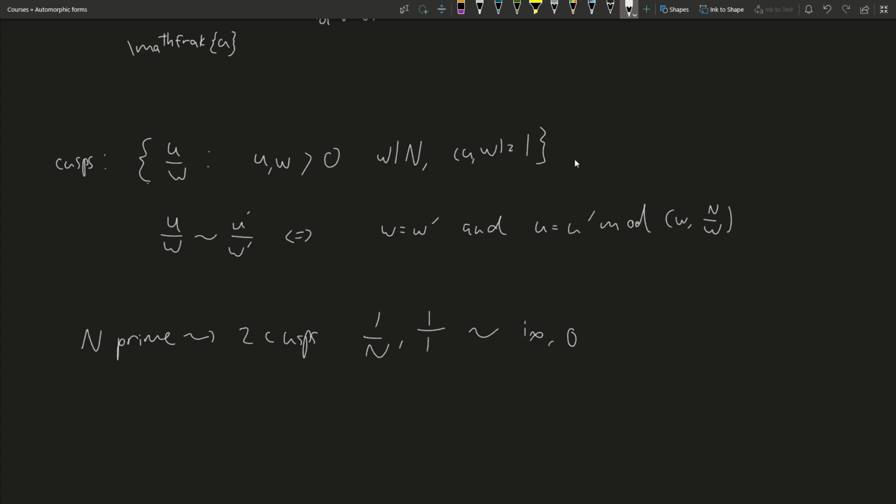And for each cusp, you have a stabilizer. So gamma sub a is the stabilizer of the cusp a.